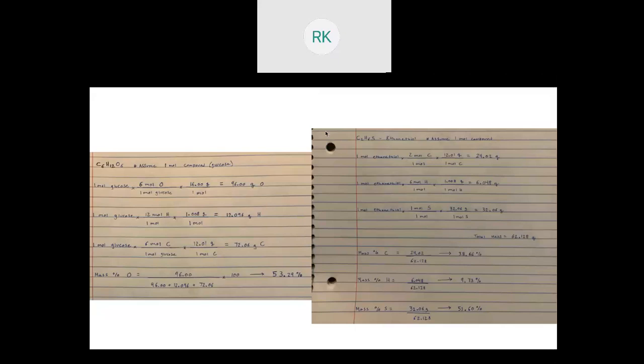A good way to check these answers is to add up your percentages and see if they add up to 100. Ethane thiol only has carbon, hydrogen, and sulfur, so their mass percents should add up to 100% of ethane thiol's mass.